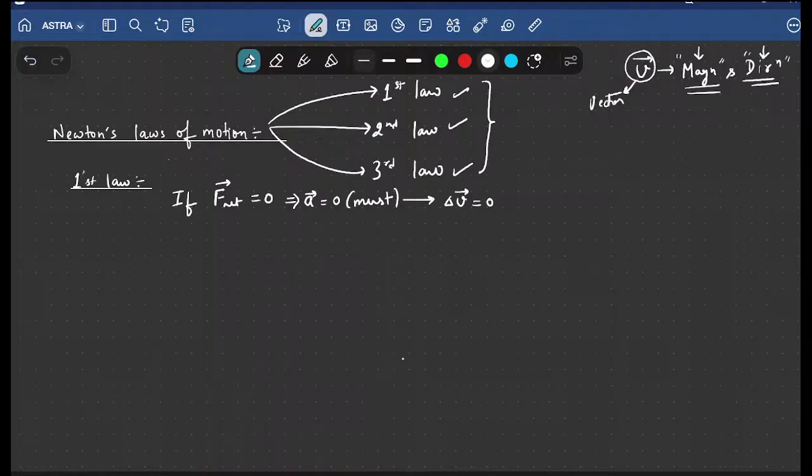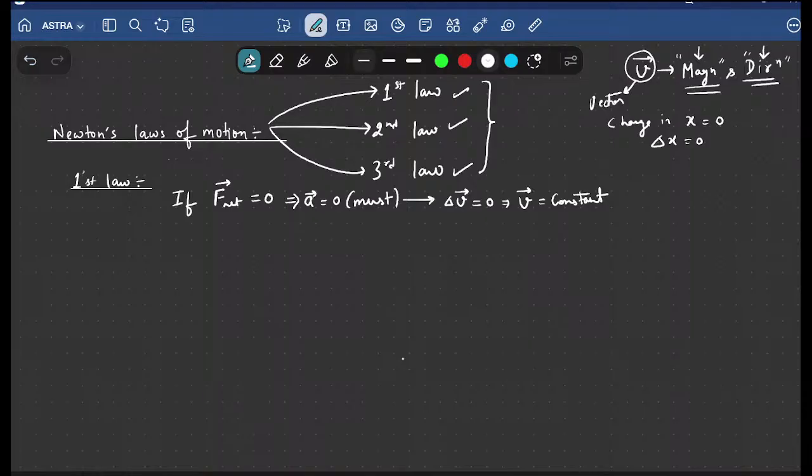If the change in velocity vector is zero, it means the velocity is constant. Because if change in anything, let it be x, or I should say delta x, is 0.